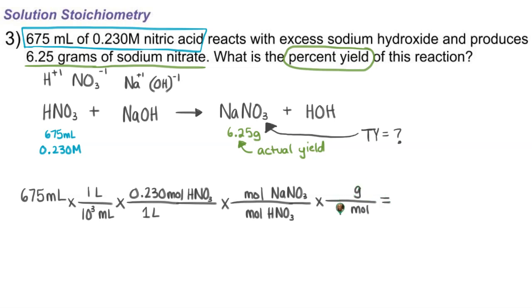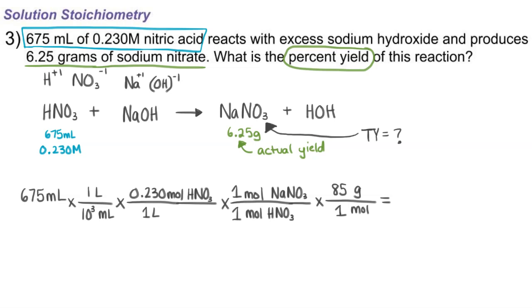So 1 mole of sodium nitrate, if you add up the molar mass, sodium plus nitrogen plus 3 oxygens is right about 85 grams per mole. Our mole to mole ratio will come from the balanced chemical equation, but since there are no coefficients, I know that both of these are 1s. It is a 1-to-1 mole ratio here. Now I have all my numbers filled in, so all I need to do is multiply and divide this out.